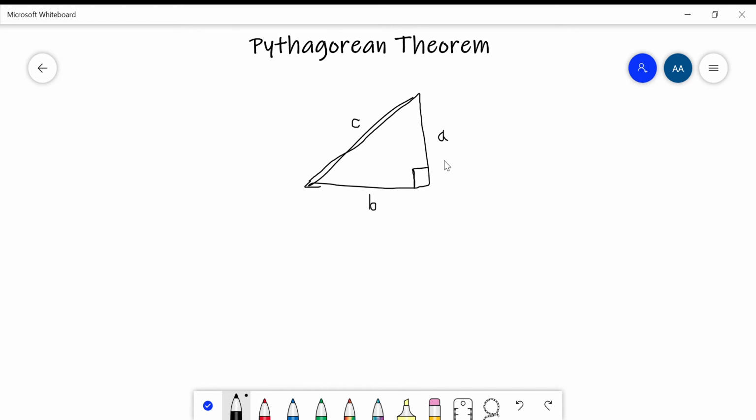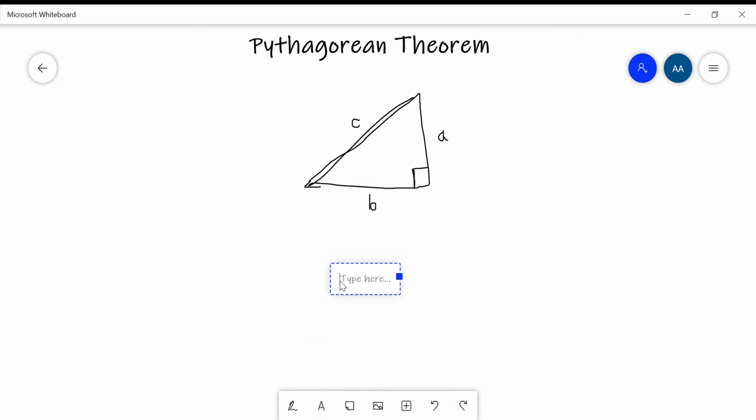So, using this, I'm going to show you the equation for the Pythagorean theorem right now, and I'm going to actually write this out because I feel like this is important and my handwriting is not adequate. So, a squared plus b squared is equal to c squared.